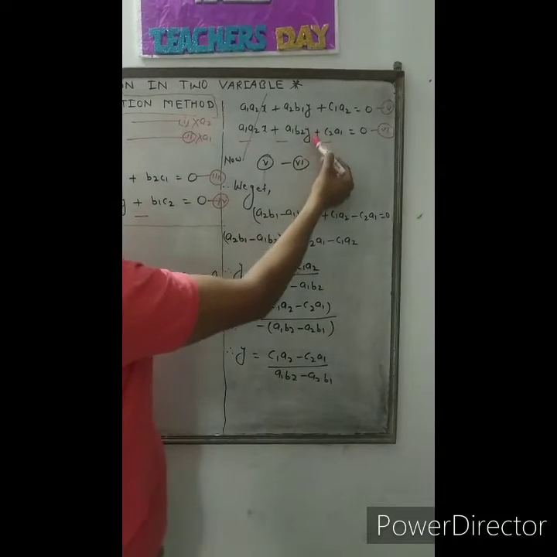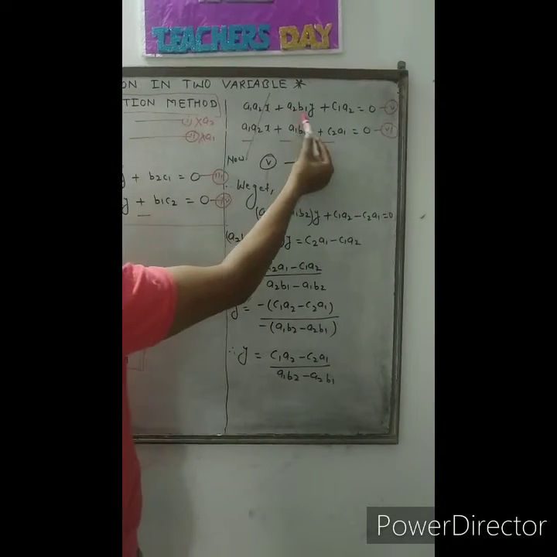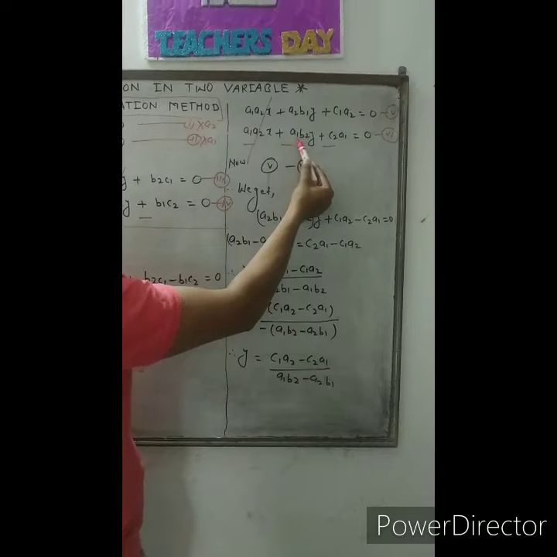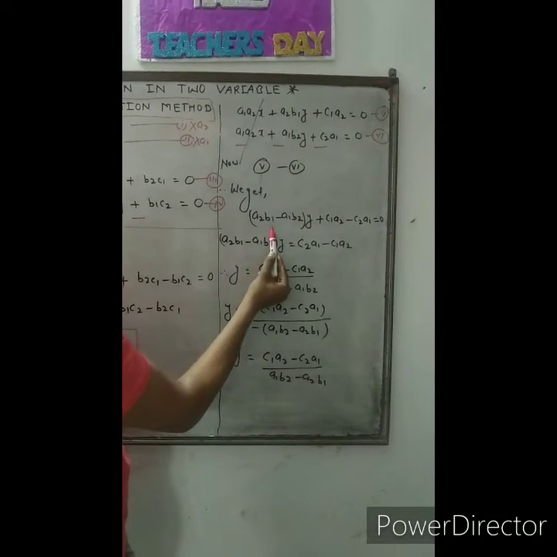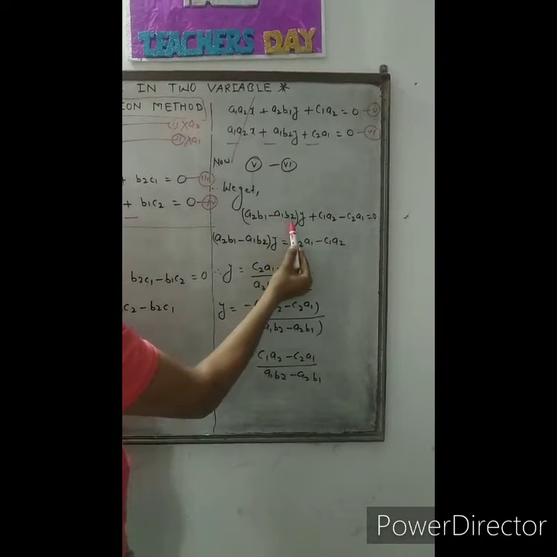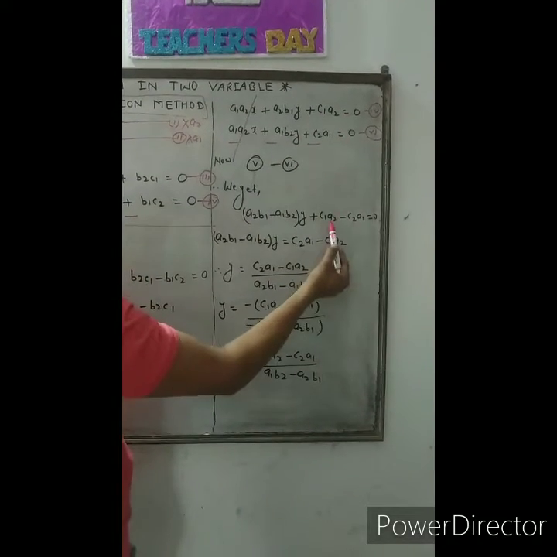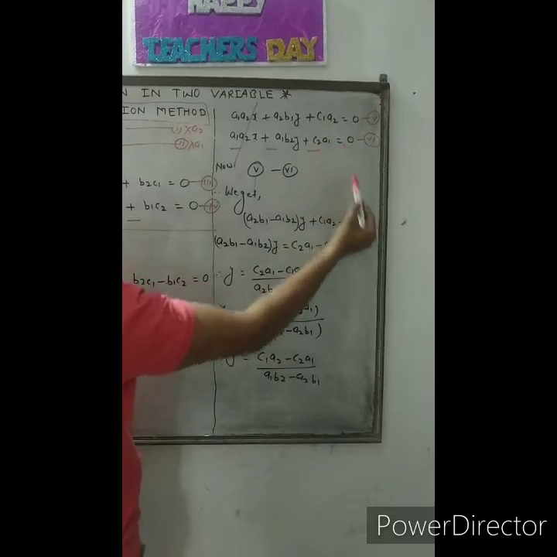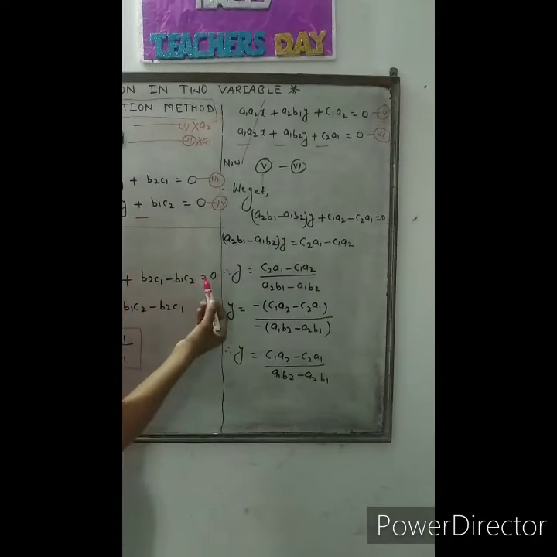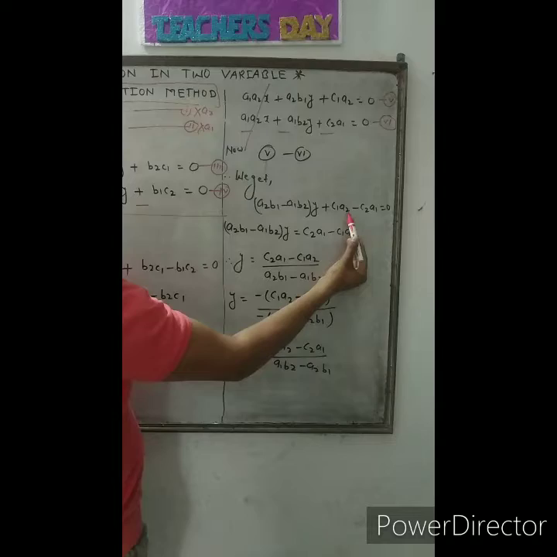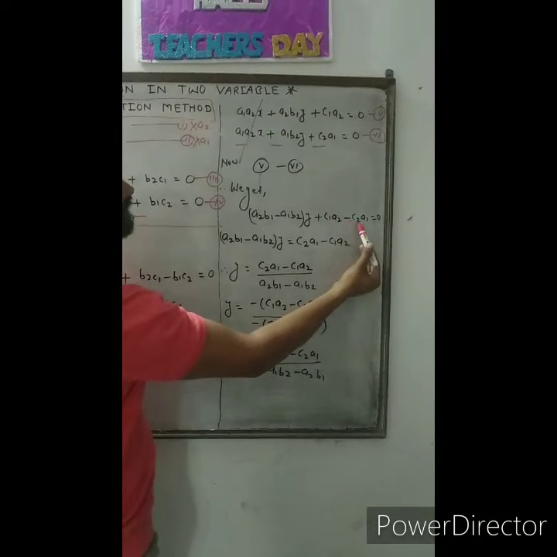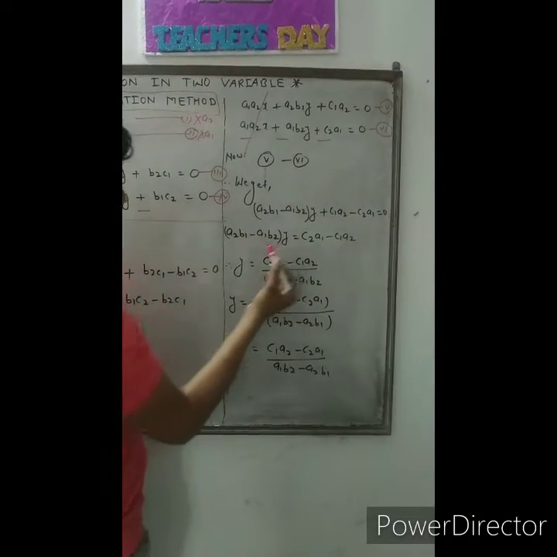Now we take y as a common. So what is left? a2 b1 minus a1 b2 into y plus c1 a2 minus c2 a1 is equal to 0. Now move c1 a2 and minus c2 a1 into the right hand side.